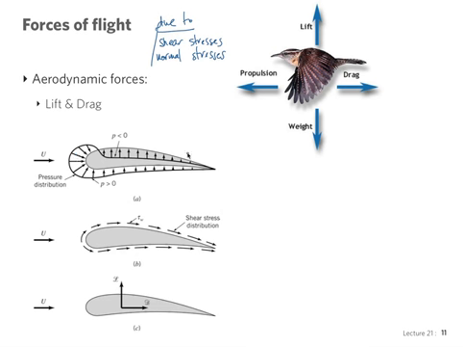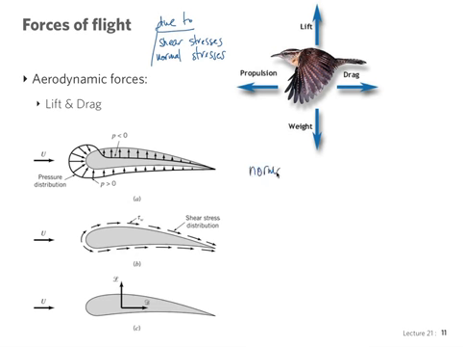So a typical distribution of pressure might look like this picture over here. Pressure less than zero with respect to atmospheric, of course, at the top, and greater than zero at the bottom. A shear stress distribution will vary in magnitude around the airfoil in some sort of way, and we don't know the distribution.